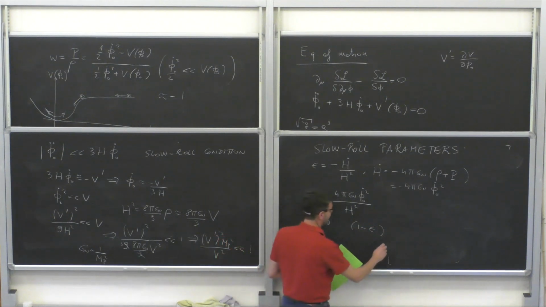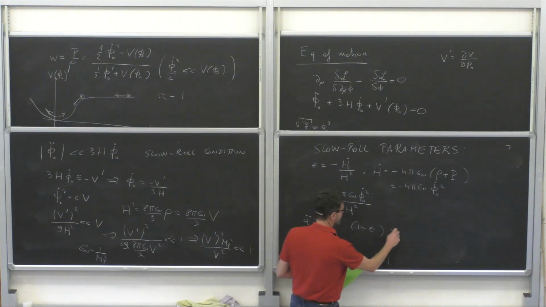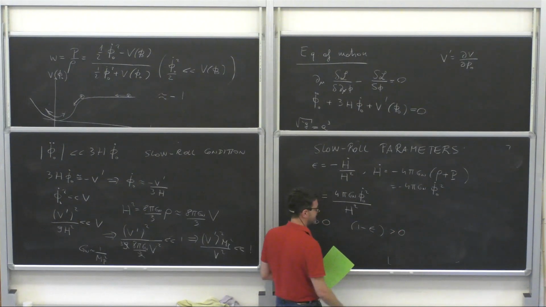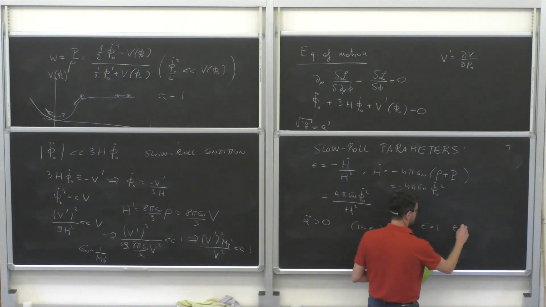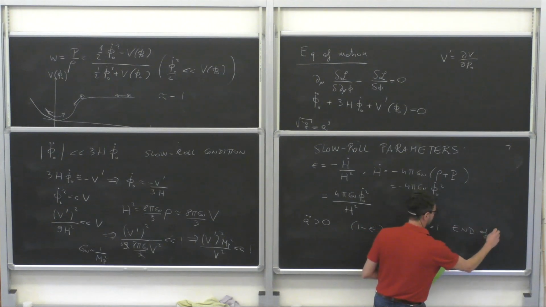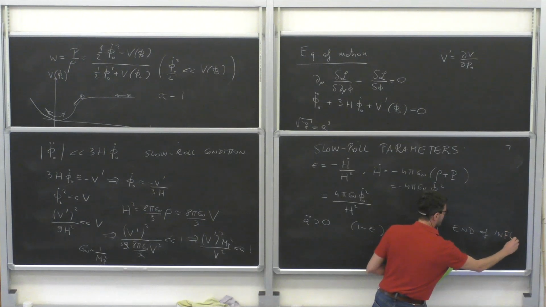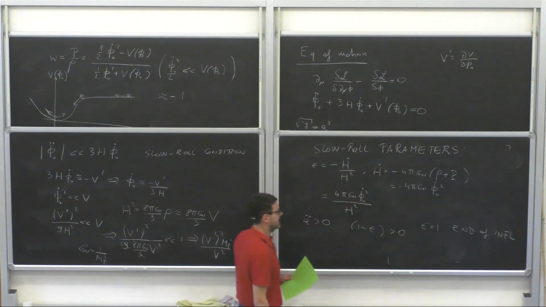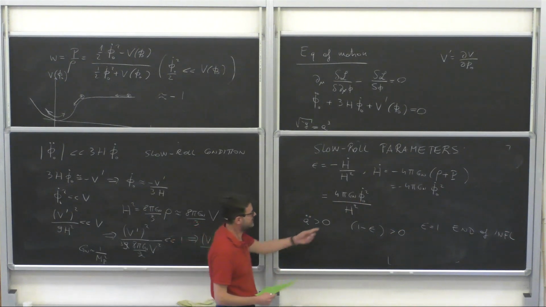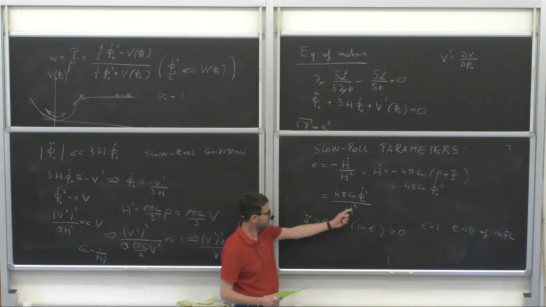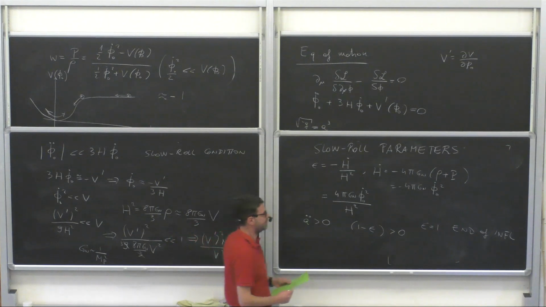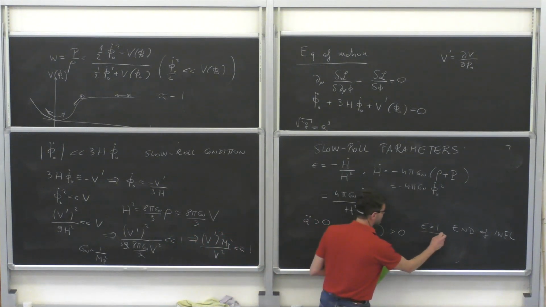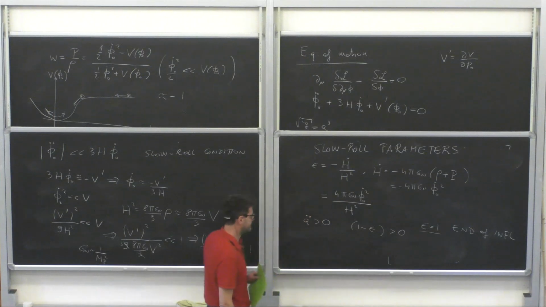So when epsilon is less than 1, inflation is happening, and then epsilon equal to 1 dictates the end of inflation. So in a given model, when epsilon becomes equal to 1, the kinetic term becomes of order of the potential, so inflation ends, because now p over rho is not equal to minus 1 anymore. And this is the point where epsilon is equal to 1, the end of inflation.